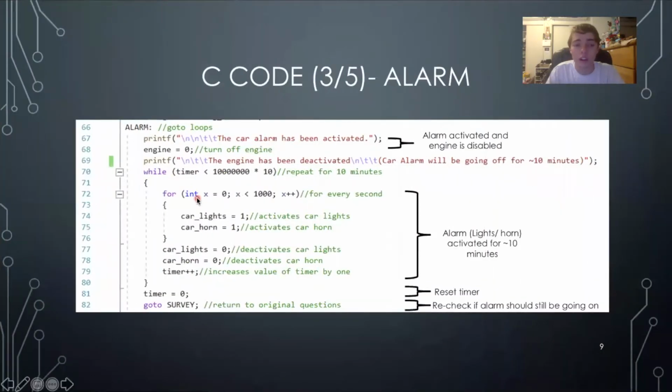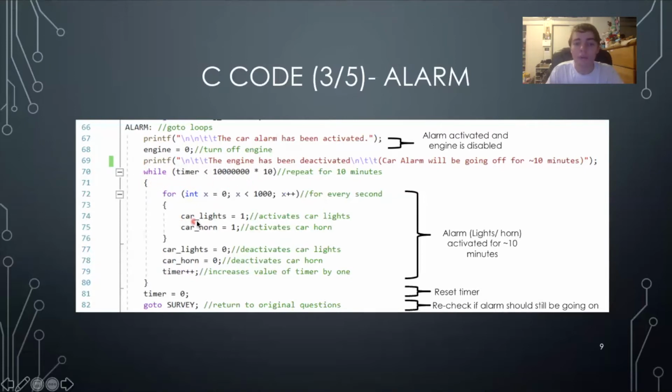And here's our alarm. What happens within the alarm for the go-to loop is if the car alarm gets activated, it will tell the user on the print screen and it will set the engine equal to 0 to turn it off. The car alarm engine will be deactivated and a timer will go off for 10 minutes to repeat the alarm for our C code.